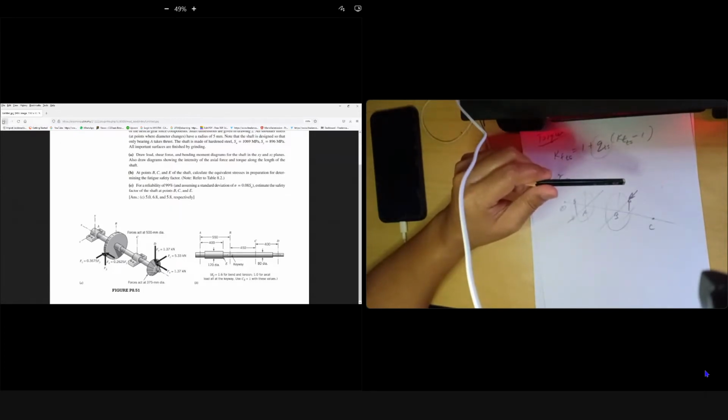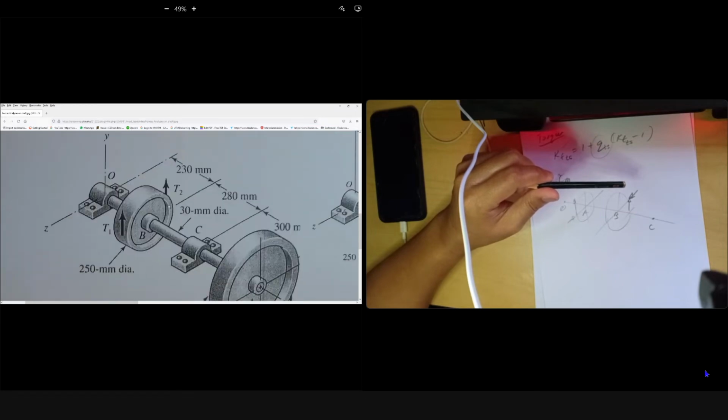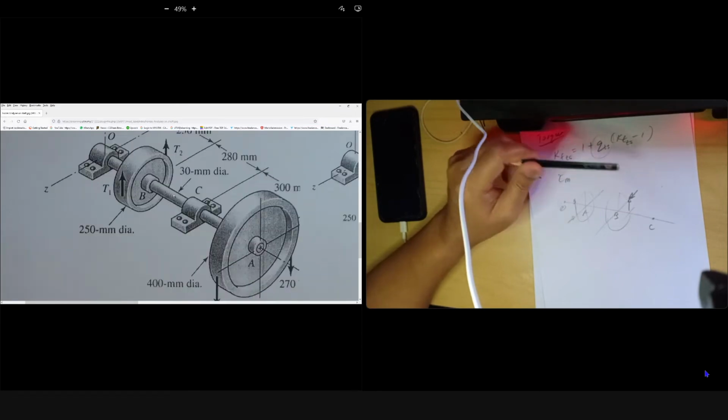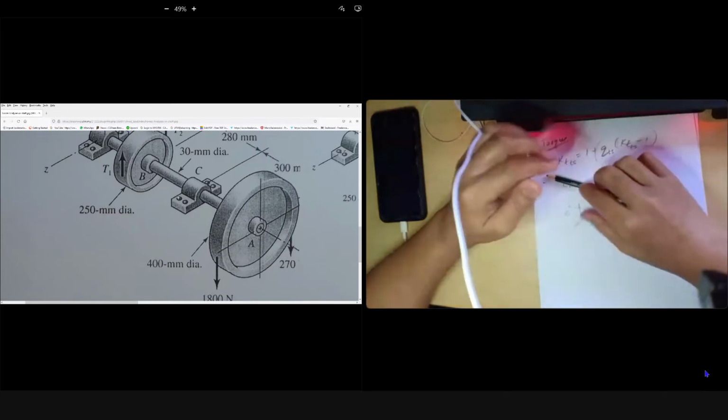But for an example like this one, for example between B and A, just be careful if your shoulder is inside the torque zone, then we have torque, that's my point.